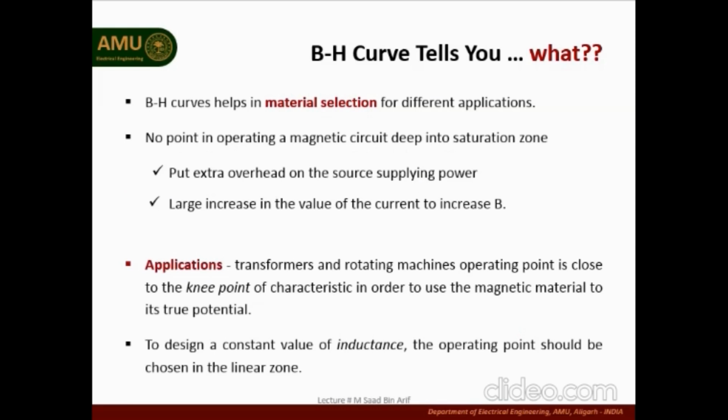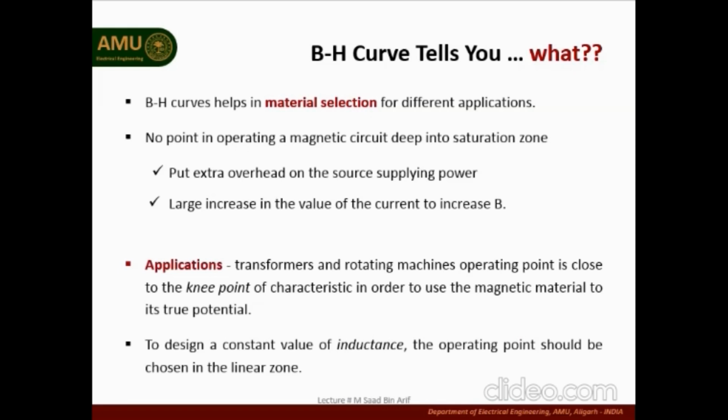Basically, this BH curve helps in material selection for different applications. As I told you earlier, different materials will have different BH curves, and if the characteristics are plotted on the same graph paper, one can readily decide which of them is better than the other. How is it possible?